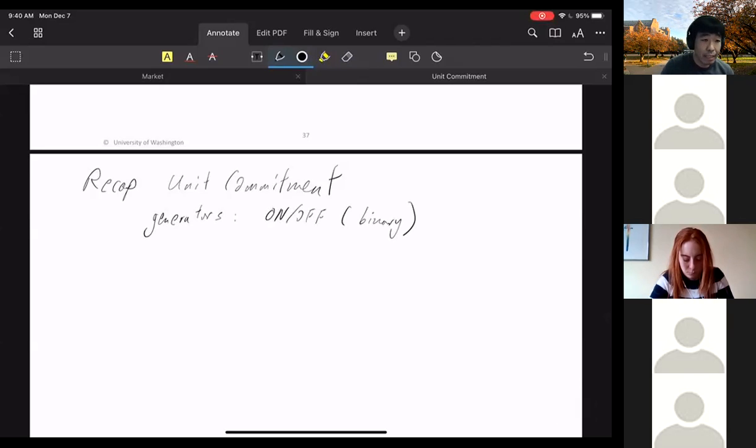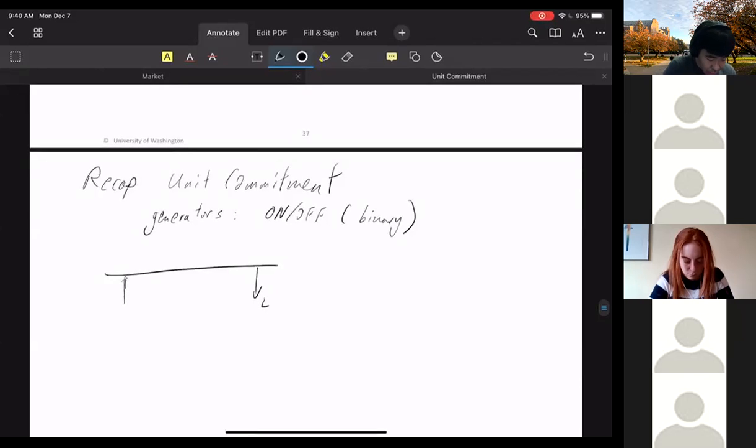Okay. So if you look at the homework, right? Basically the homework had this example of a question where it says that, given a system with a load with 3 generators, G1, G2, G3, right? Find out the combination of the on-off generators and find out the least cost solution, right?